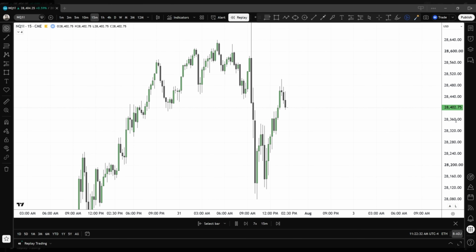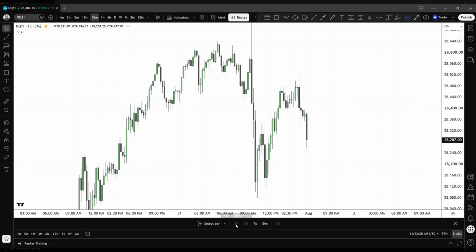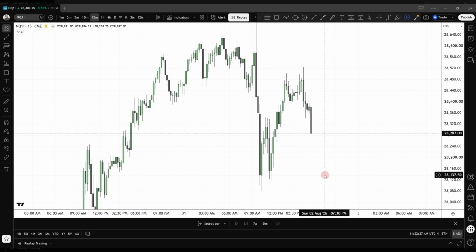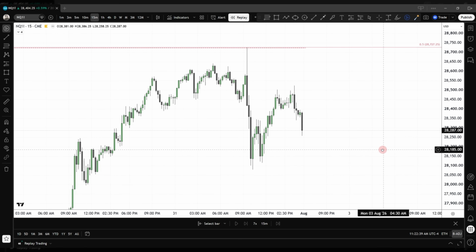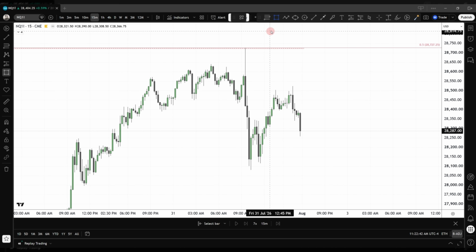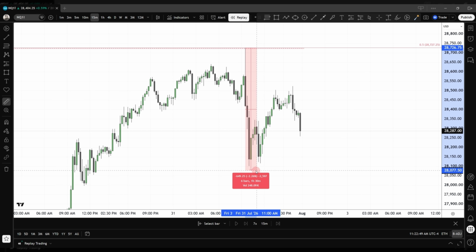And let's see how far it goes. Okay, there's the close of the New York session. So that whole move was about 650 points.